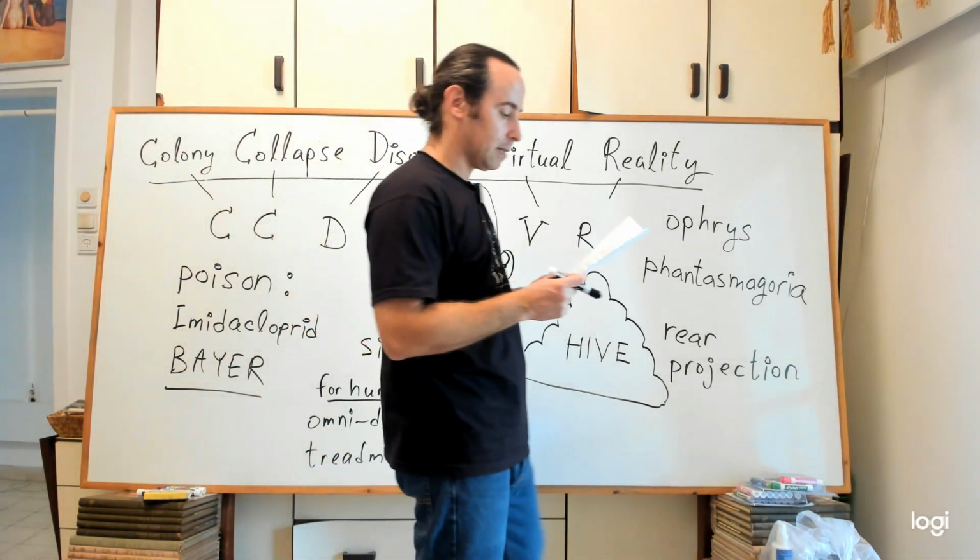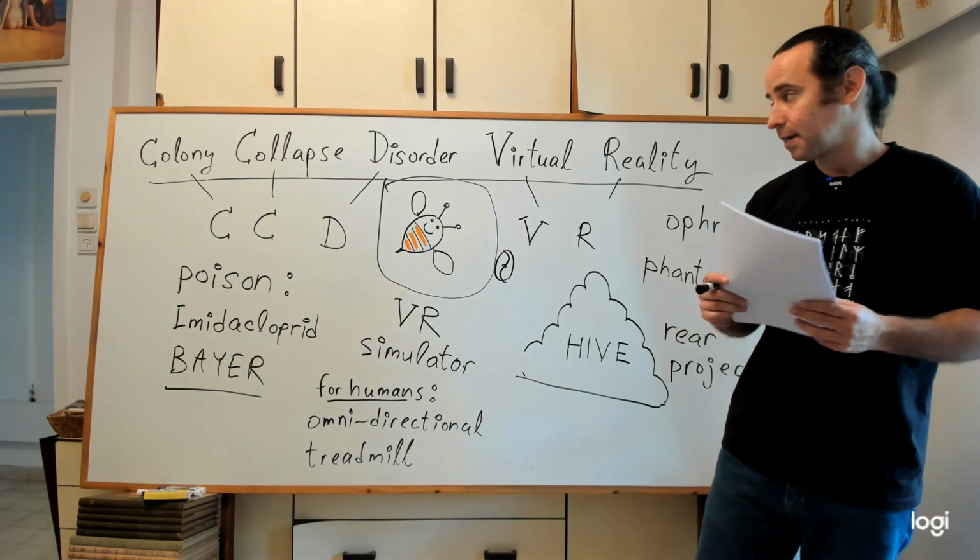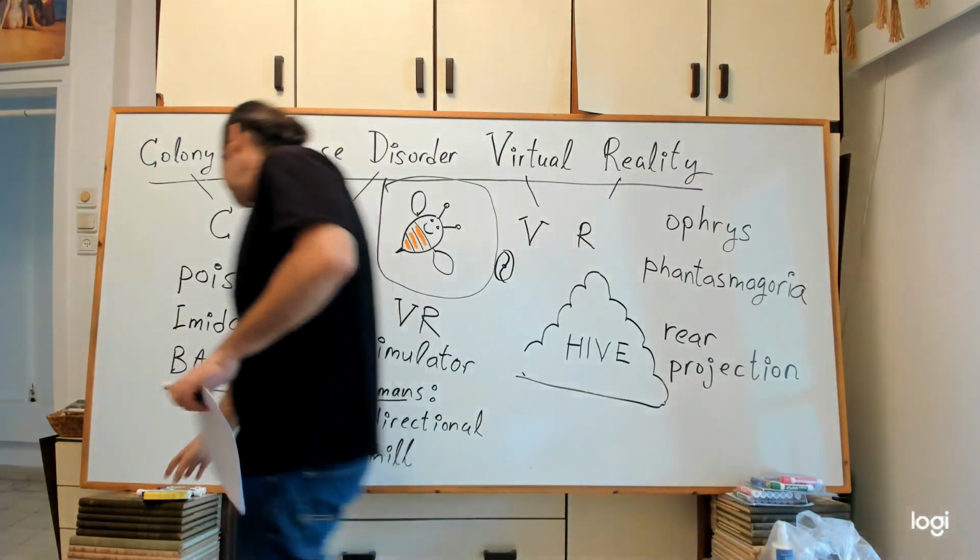This will allow the wind current from the fans outside the chamber to reach the bee inside the chamber.